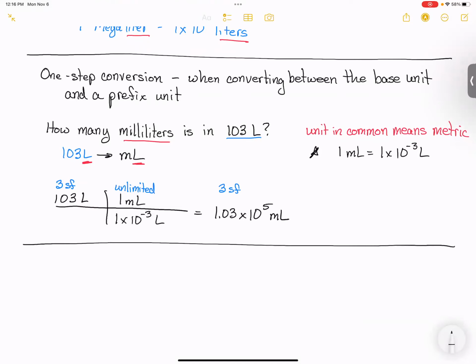Another example. How many meters is equal to 10.3 kilometers?